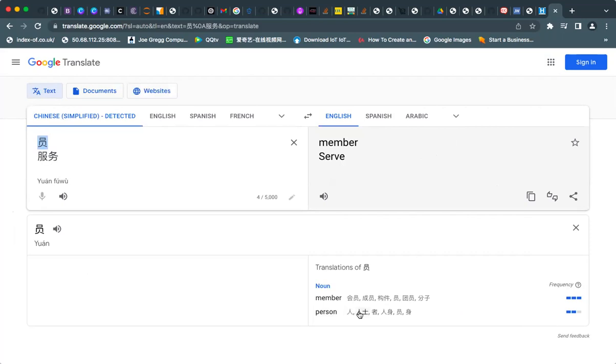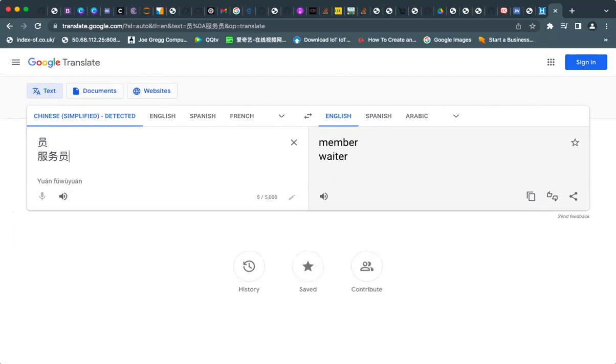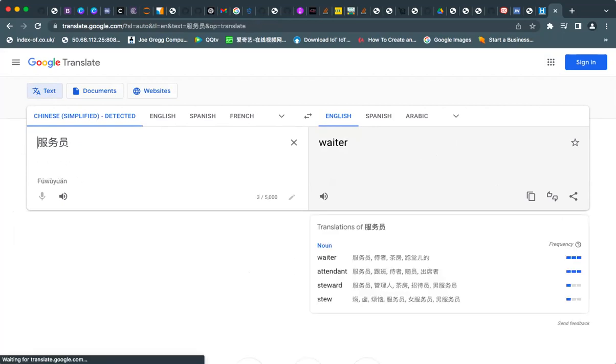So would it be a worker, like from a hospital or some kind of a job that serves people, doing some services for people? Okay, very good, you're very close. So 服务员, waiter or waitress, or attendant, steward.